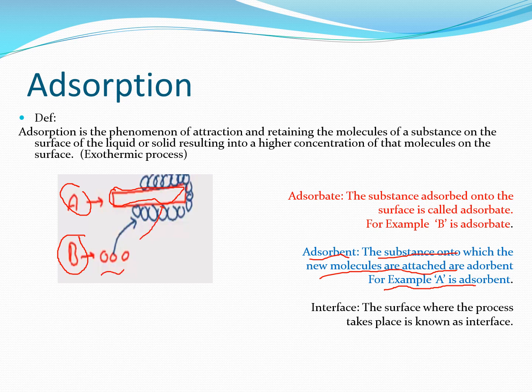Mostly it could be gas, or it could also be liquid, but in our case we will discuss mostly gas adsorption. And this B is known as the adsorbate. The substance that is adsorbed onto the surface is called the adsorbate. Here B is the adsorbate.